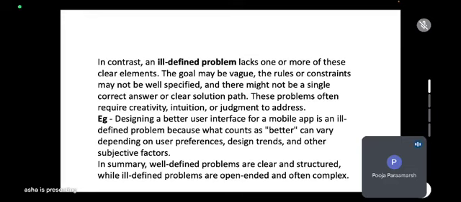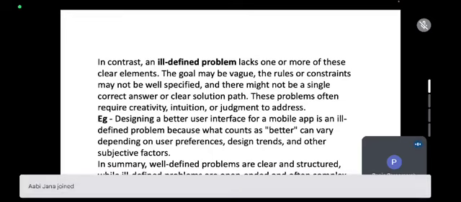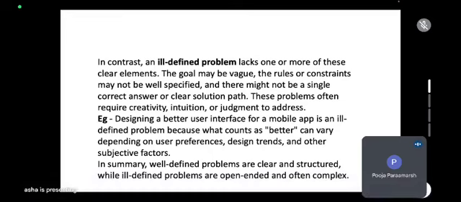In well-defined, people are clear on the appropriate response. In ill-defined, there is more than one way to solve it. Examples, as I showed: a maths word problem or web quest. In ill-defined, it is ecology issues in the community. As I said, what we see as a problem may not be a problem for the other person.